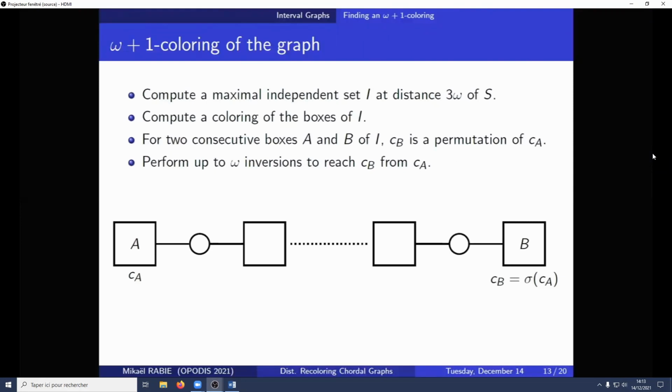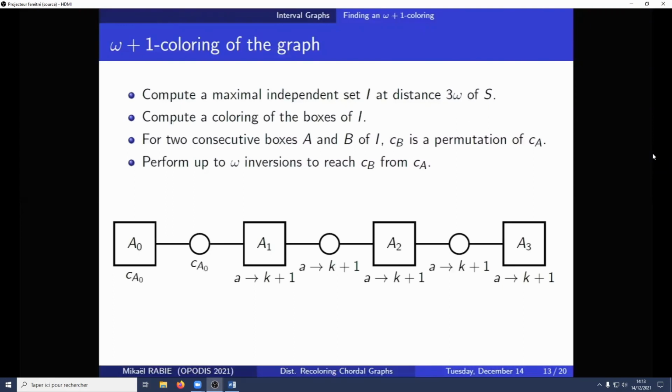So what we will do is omega times the following step. At the beginning, for example, here we have the coloring A0 and we want to switch the color A with the color B. So first everybody has the color CA0. Then, starting from A1, we will replace all nodes of color A with the color K plus 1. And because we have a cut at each box and interbox, this will be fine to do.